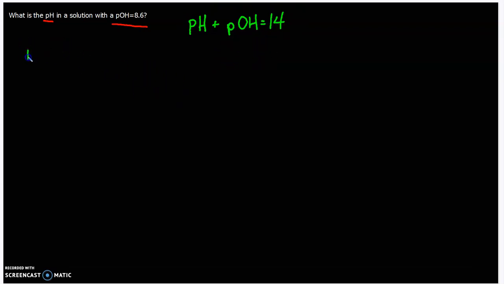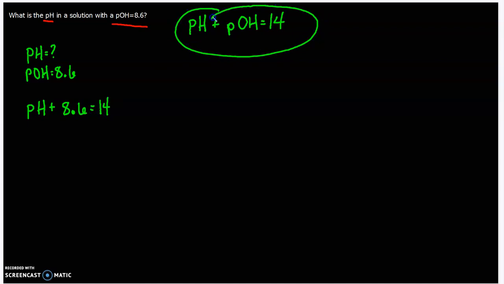So we know pH is what we're looking for, and pOH equals 8.6. So let's plug it into our equation. pH plus 8.6 equals 14. This is important. Maybe write that down somewhere. All right, so I want to get pH by itself, but this 8.6 is in the way.